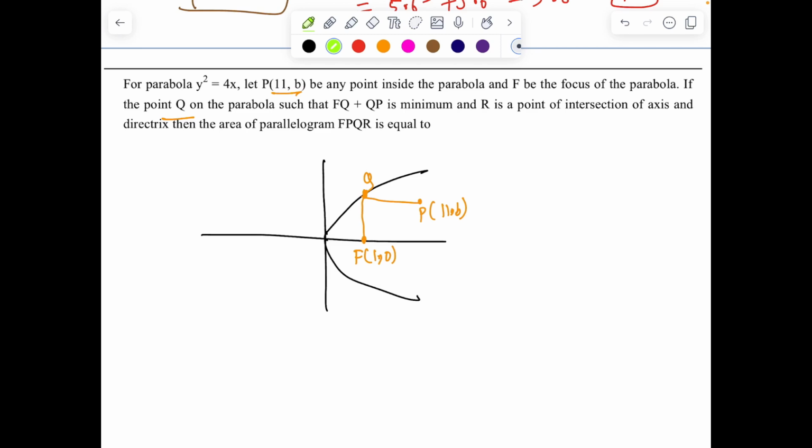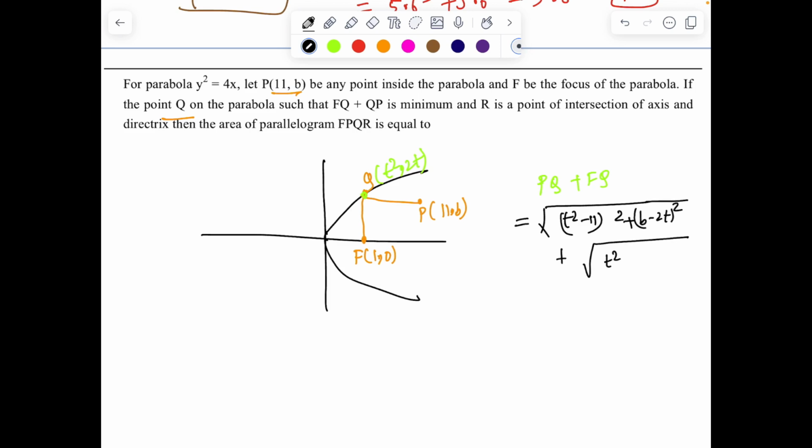Now one way of doing this question is to take a parametric point, let's say (at square, 2at), so (t square, 2t), and now you can write PQ plus FQ using the distance formula. So PQ is the square root of (t square minus 11) whole square plus (b minus 2t) whole square, plus FQ is the square root of (t square minus 1) whole square plus 4t square, and it depends on t.